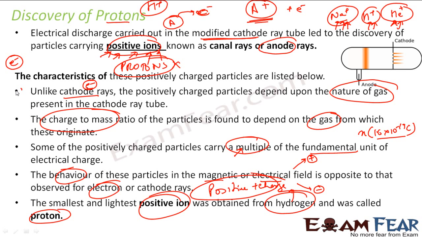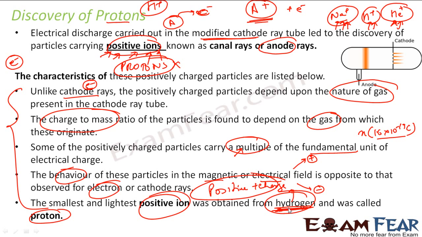So initially they started with positive ions, and they found a lot of discrepancy because the charge to mass ratio was varying based on the gas, and the charge was a multiple of a fundamental unit, maybe the smallest. To make it simple, they used the hydrogen ion. The moment they used hydrogen ion, they called it proton because it has only one unit charge. And that's how they got proton.